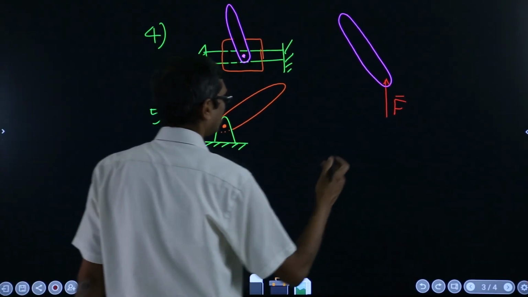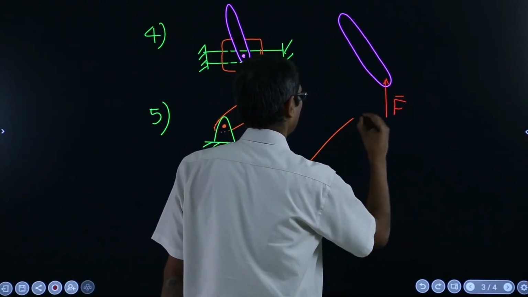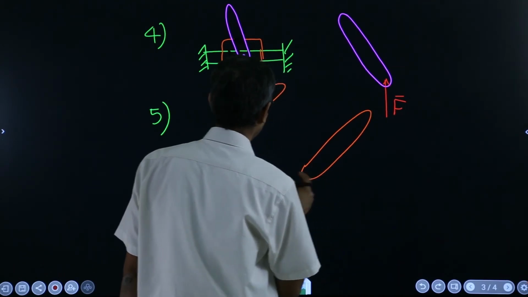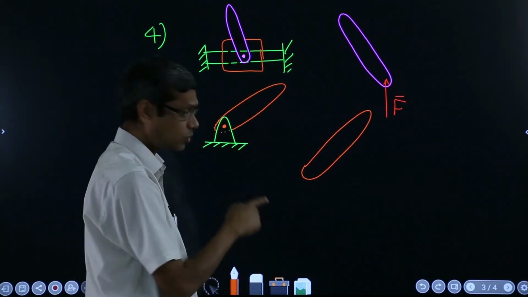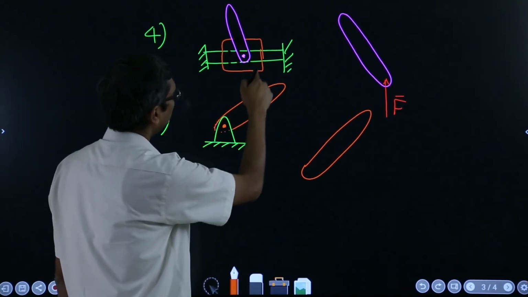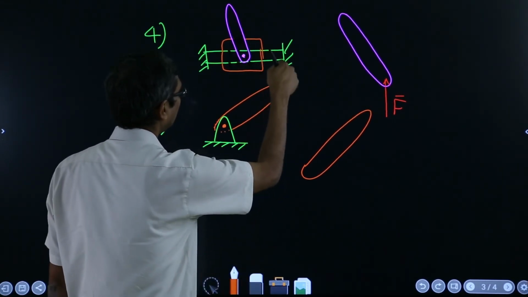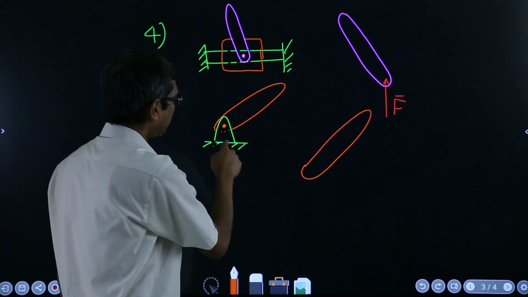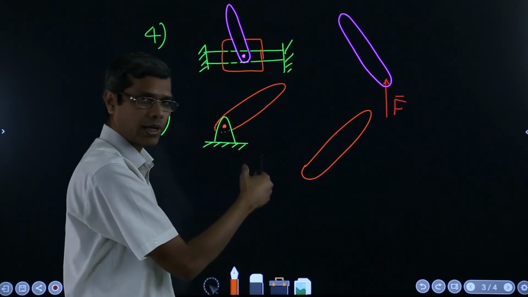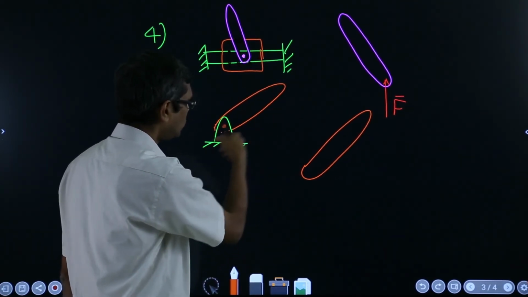If you try to draw the free body of the bar and you want to detach it from the ground, this is the connector here. This orange color is the connector which was connecting the bar to the ground. Here this is the pin joint, the connector which is connecting this orange to the ground.